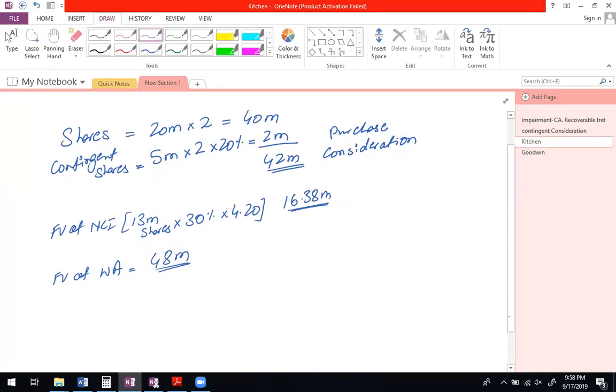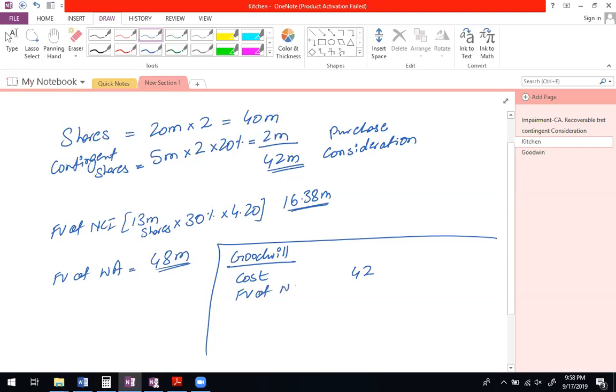So if I calculate goodwill, I'm going to use the cost of $42 million plus the fair value of NCI of $16.38 million, giving a total of $58.38 million, less the fair value of net assets of $48 million.